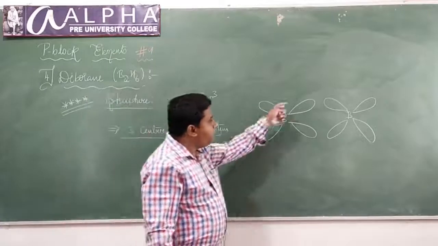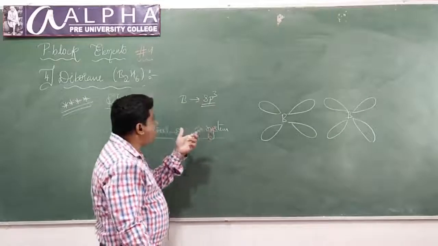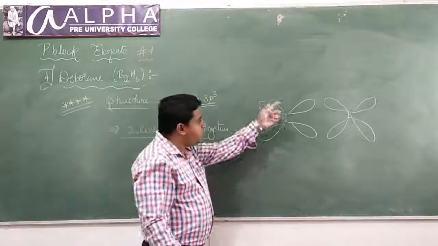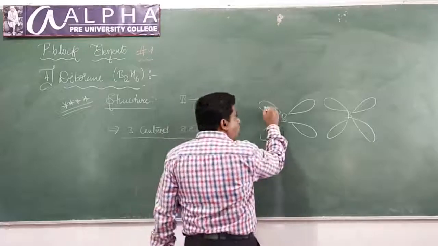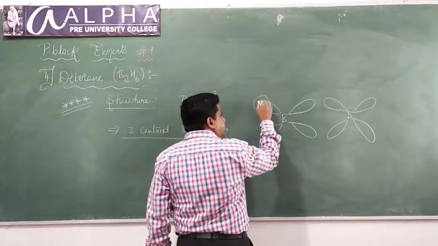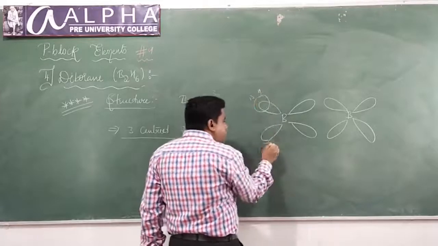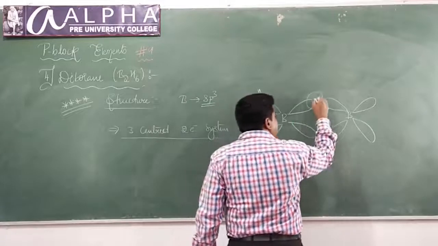Out of 4 hybrid orbitals, 3 hybrid orbitals will overlap with the 1s orbital of hydrogen like this. Are you getting my point?